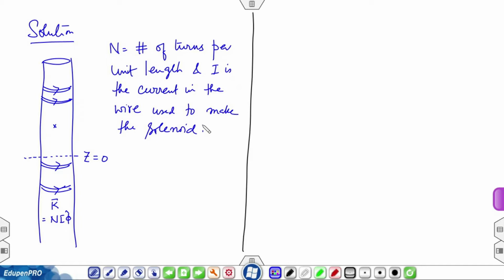So, I can use either of that. So, let us look at a point here at height z.